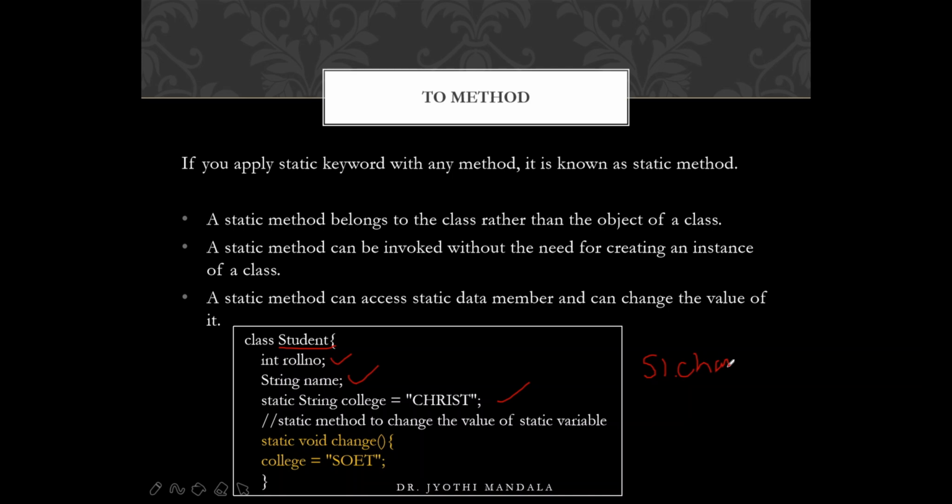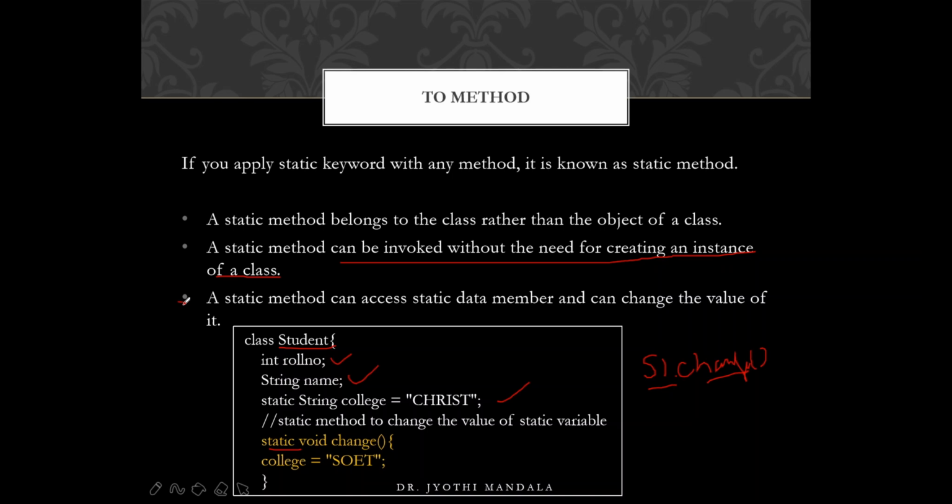That is the normal approach. So whenever you want to call any non-static method, objects are important. But if you make a method static, then that method can be invoked without creating any instance of that class. That means without creating any object, we can simply call that method.